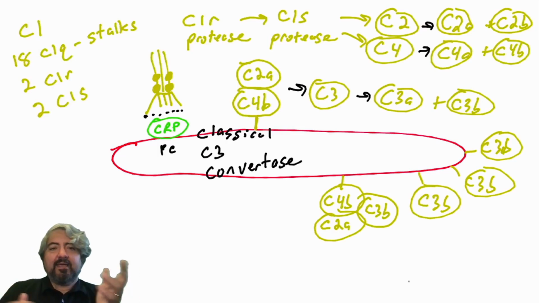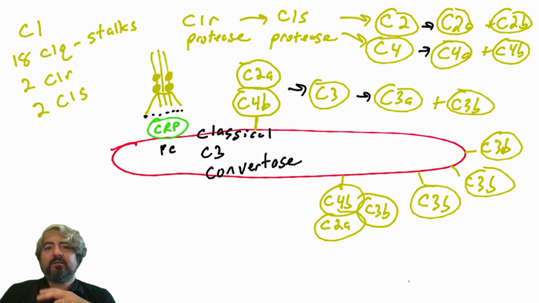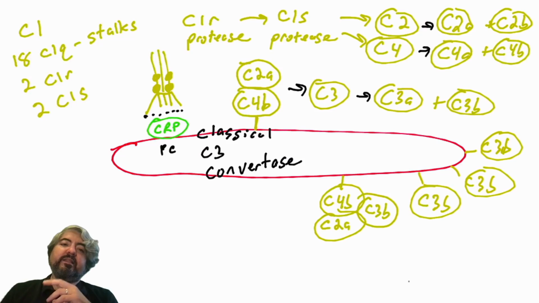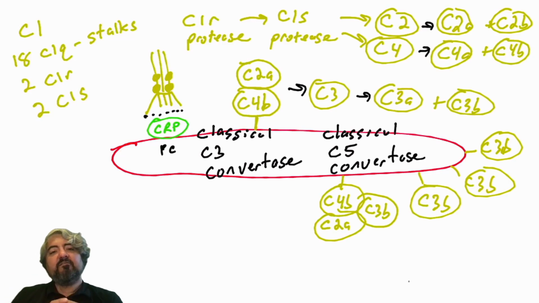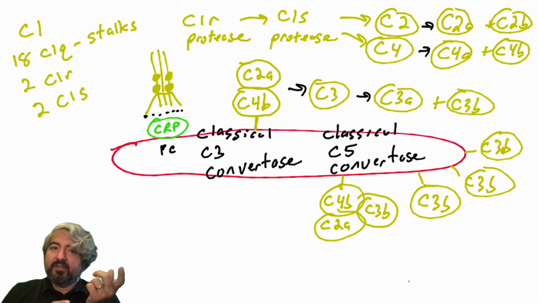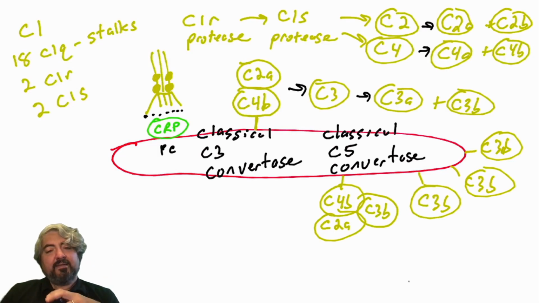So again, we've got C4s and C2s being cleaved by the C1s, and as that's cleaved, we're forming classical C3 convertases. We're also forming C5 convertases. The classical C5 convertase is when the classical C3 convertase, C4b2a, gets joined by a C3b.